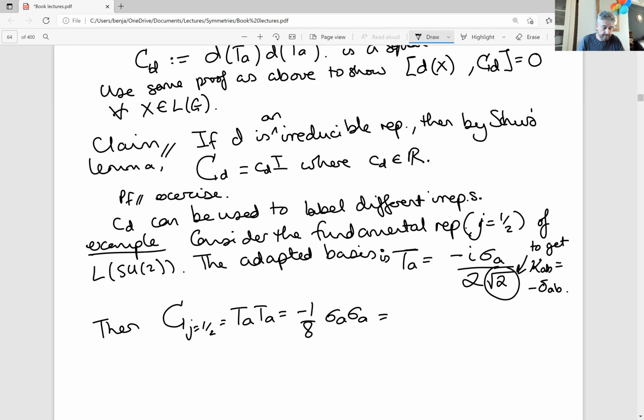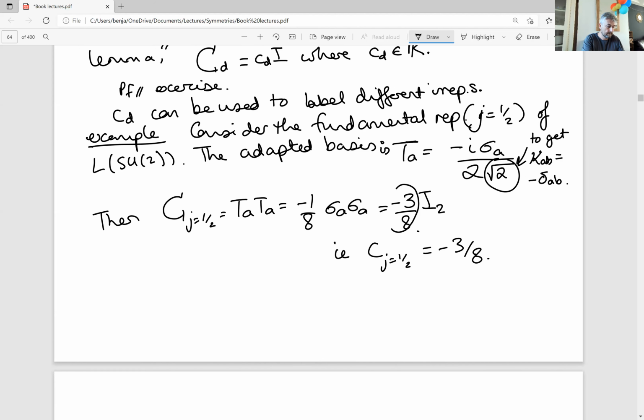And if you look at sigma_A sigma_A, it's 3 times the 2 by 2 identity matrix. And so we identify the Casimir of the j equal to half rep to be this constant in front. So little c_j for j equals a half is minus 3/8.